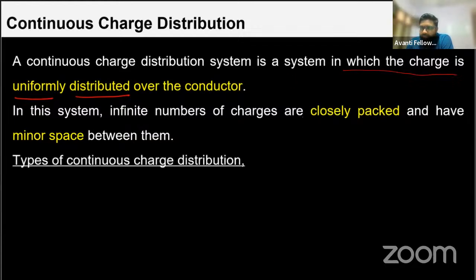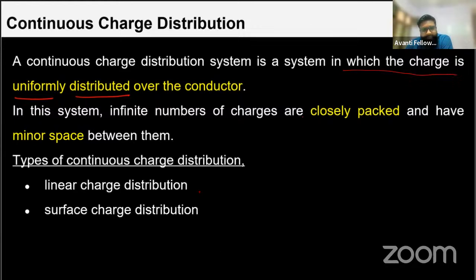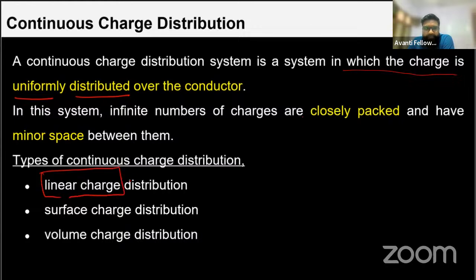Now, there are types of continuous charge distribution. I have already given you a hint of what the possibilities can be. So first of all, the linear charge distribution is there. Then the surface charge distribution is there. And in the last, we have the volume charge distribution. By the name itself it is clear, right?